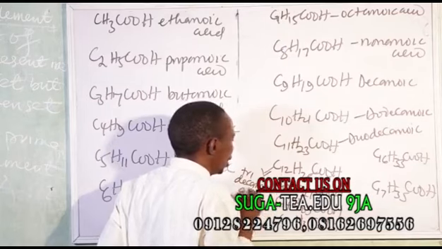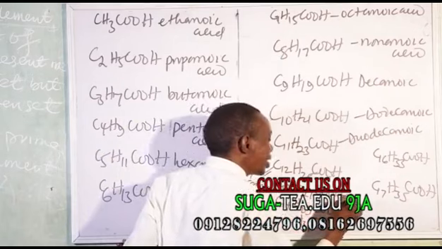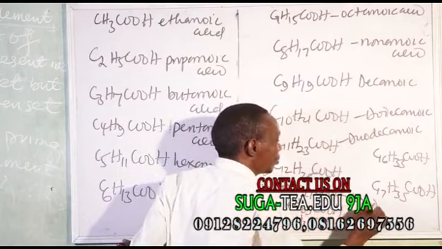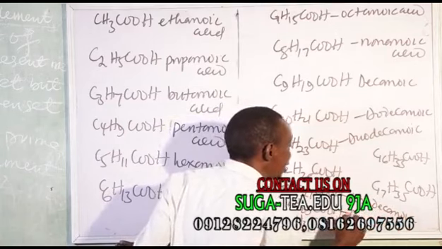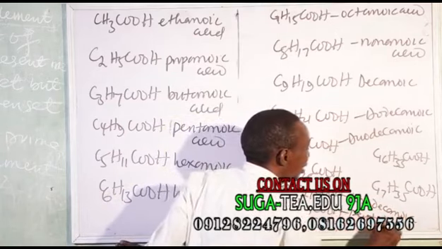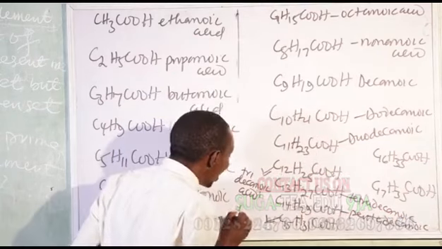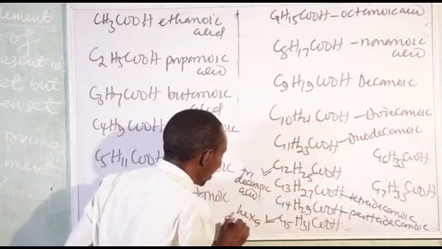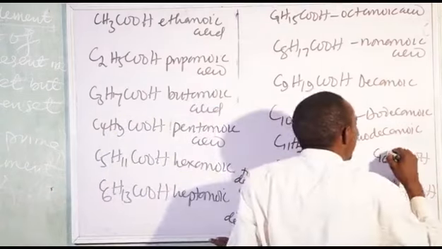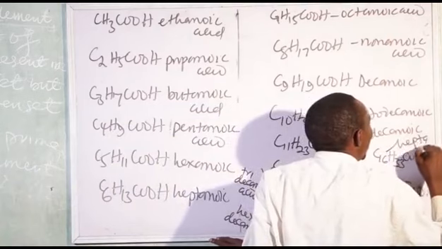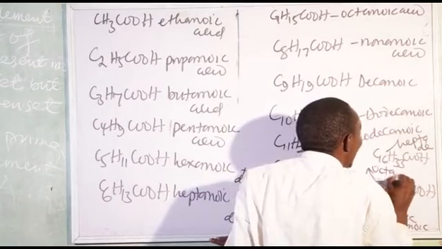Then you are adding 4 to 10: this one is tetradecanoic, this one is pentadecanoic acid, this one is hexadecanoic, this one is heptadecanoic, and the C18 is octadecanoic.